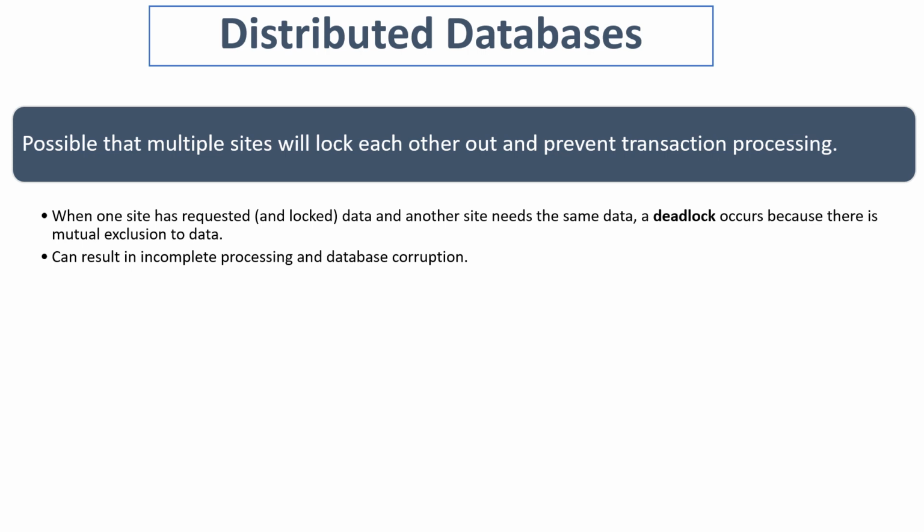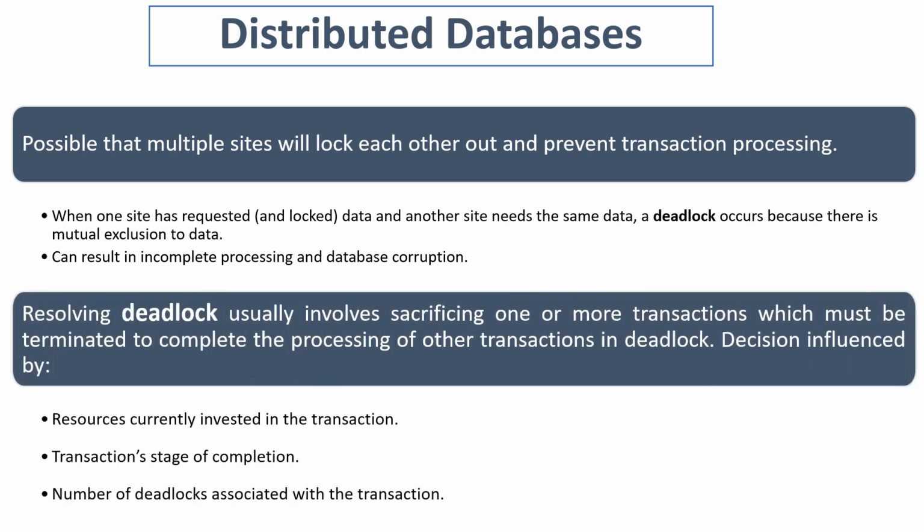This can result in incomplete processing and database corruption. Resolving the issue of deadlock usually involves sacrificing one or more transactions, which must be terminated to complete the processing of the other transactions in deadlock.